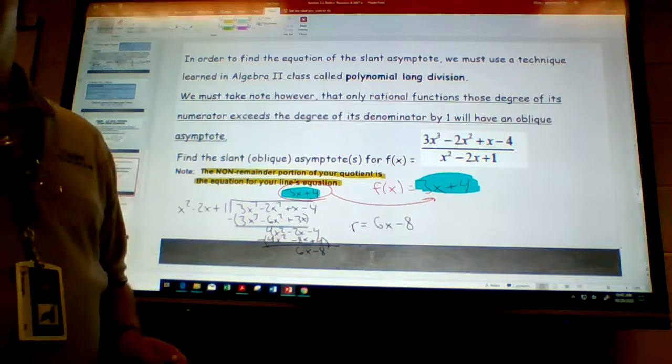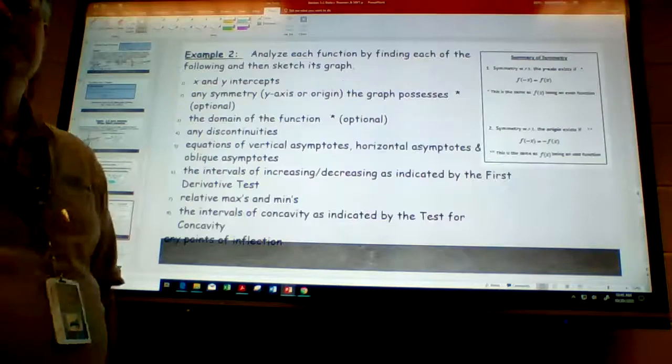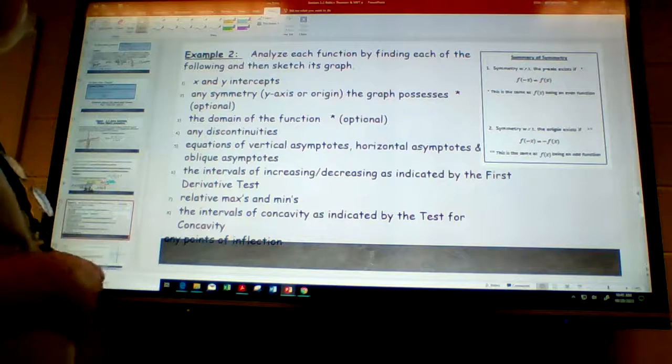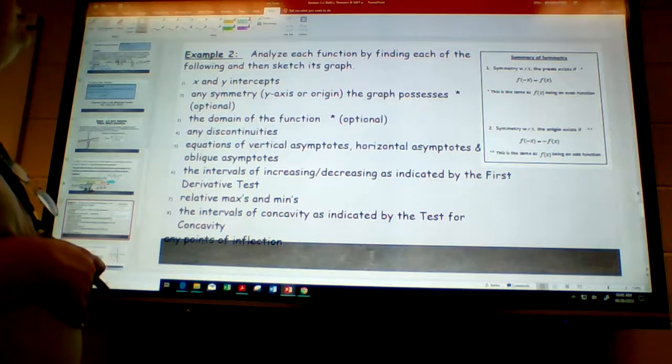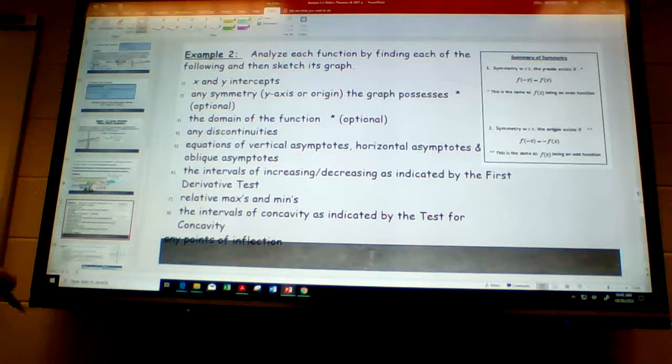All right, now, example 2: analyze each function by finding each of the following and then sketch its graph. Find the x and y intercepts, find any symmetry that the graph possesses, that could be optional. The domain, that's optional. Anywhere it's discontinuous, equations of vertical, horizontal, or slant asymptotes.